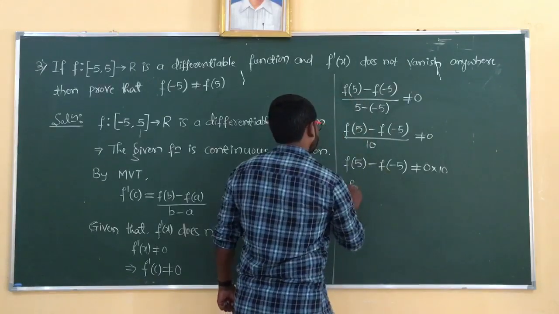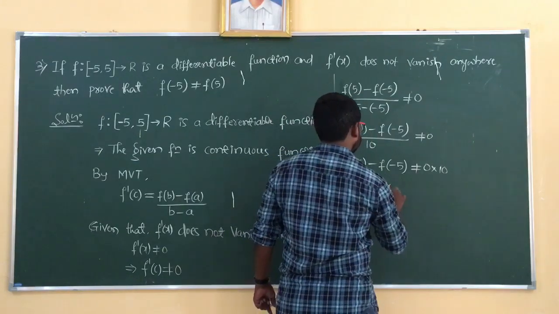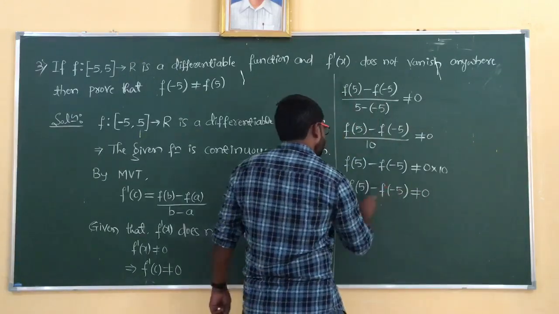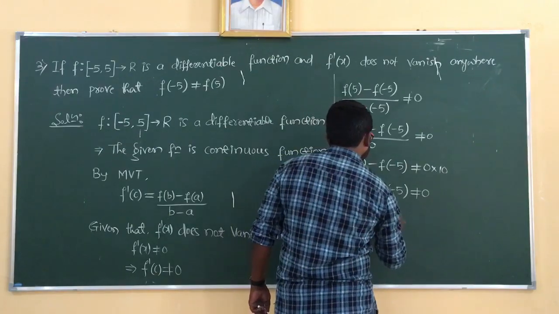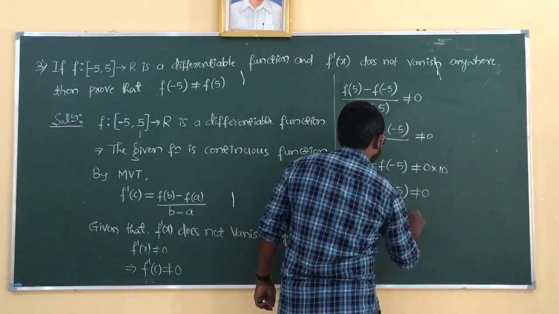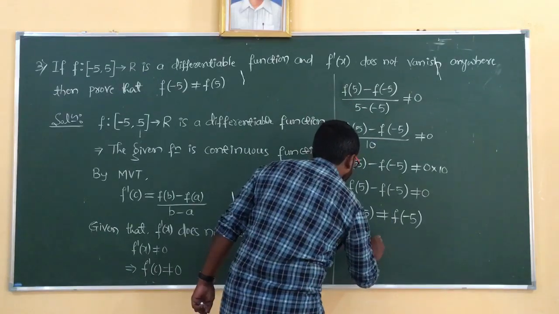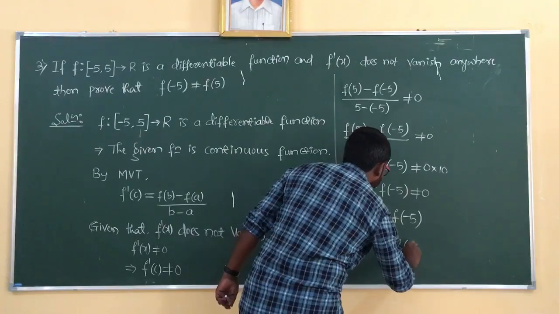So, f of 5 minus f of minus 5 is not equal to 0. So, this can also be written as f of 5 is not equal to f of minus 5, or this implies f of minus 5 is not equal to f of plus 5.